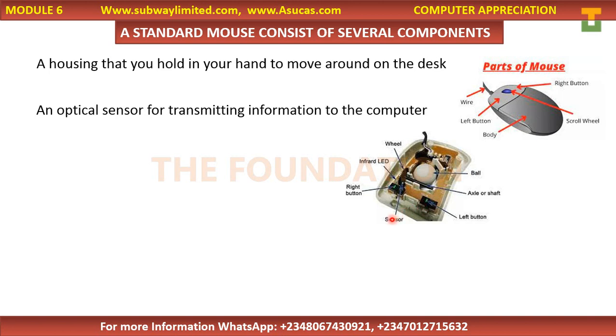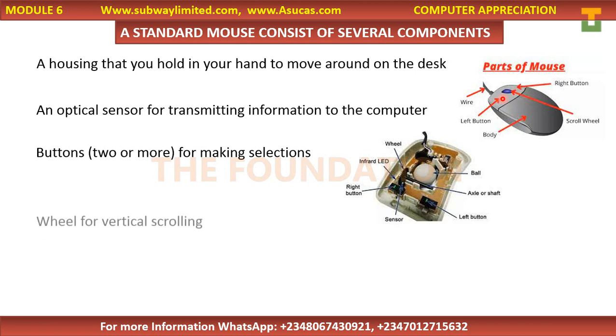Then buttons, two or more, for making selections: the right button and the left button. You also have the scroll button for inputting data or taking action, giving commands to the computer.